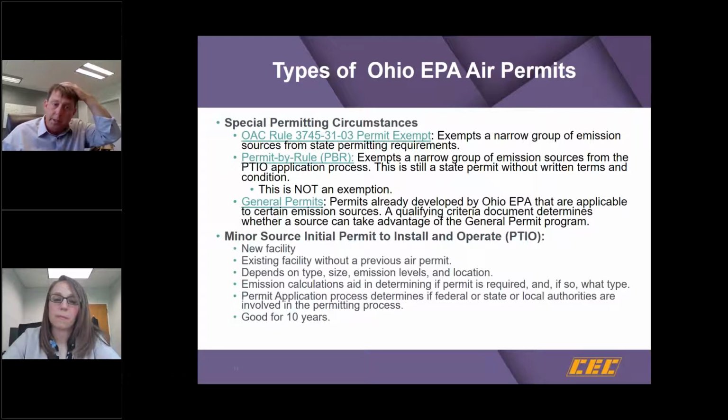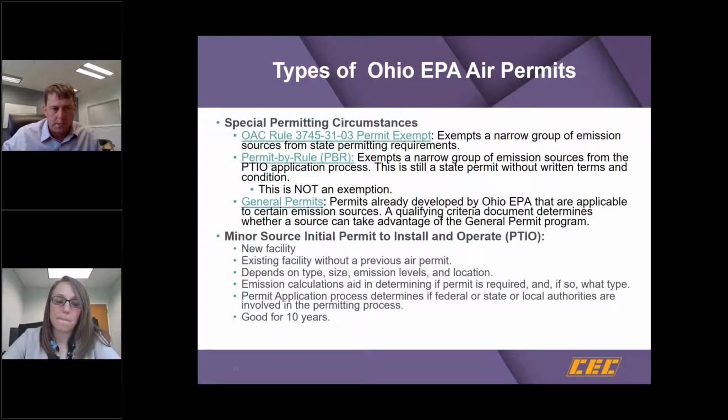This is going to be the permit you use. Or if you have an existing facility that currently doesn't have an air permit, you're modifying that facility, or some operational change has happened so that you're no longer exempt, or you can't use the general permit anymore and you need something more customizable, you'll go to this PTIO process.